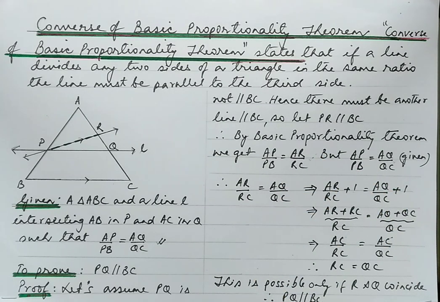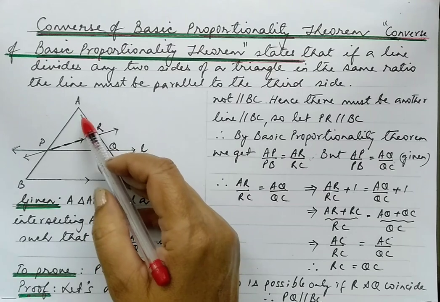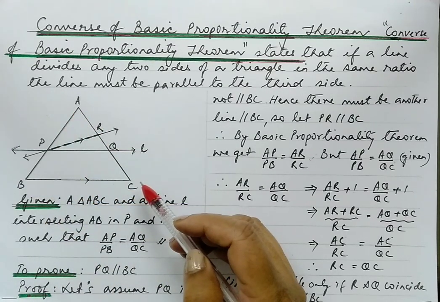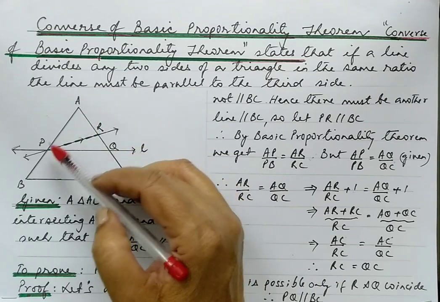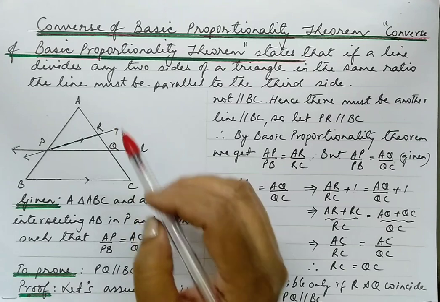So here, in this figure, ABC is a triangle and AP upon PB is equal to AQ upon QC.